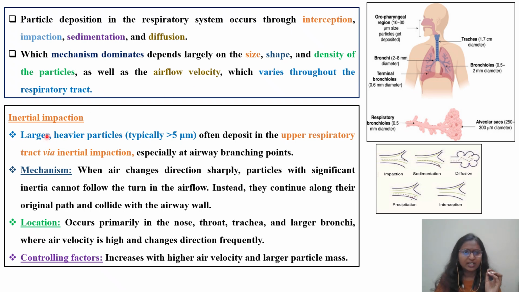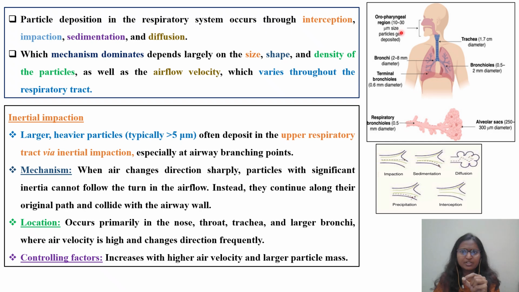Let us understand what inertial impaction is. Larger, heavier particles, typically more than 5 micrometers, will often deposit in the upper respiratory tract via inertial impaction, especially at the airway branching points.